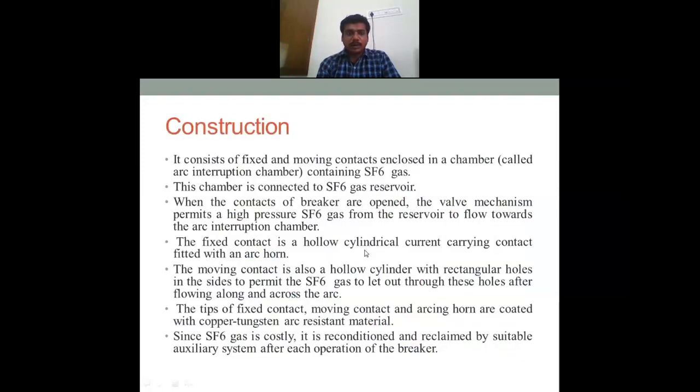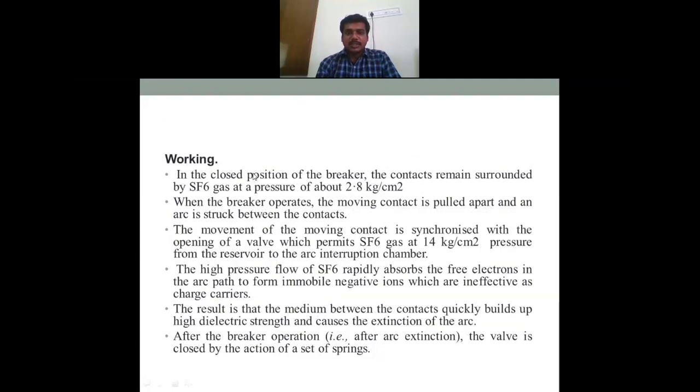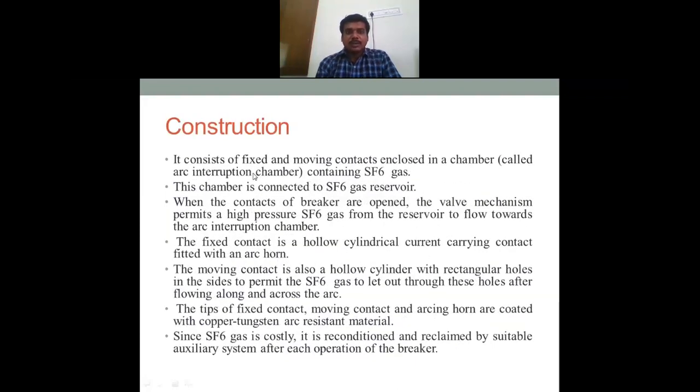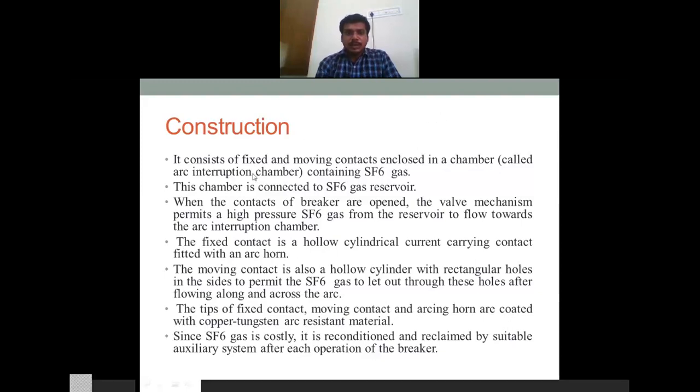Now we can go through the points regarding the construction of this SF6 circuit breaker. It consists of the fixed and moving contacts enclosed in a chamber. The chamber is filled with SF6 gas from a reservoir.